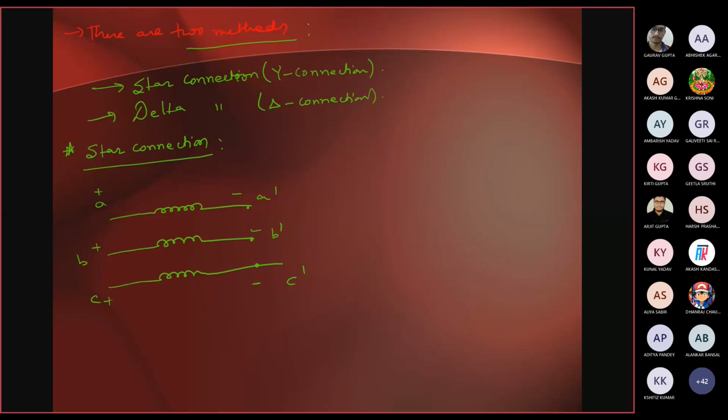Then you need to connect the same polarity points. Either connect the negative polarity points, or otherwise short circuit the positive polarity terminals. This will give you the star connection, right? The other representation is in this form. So this is your three-phase star connected system.